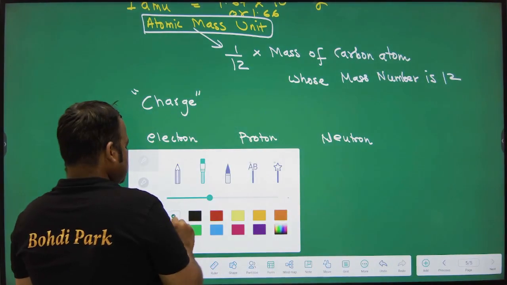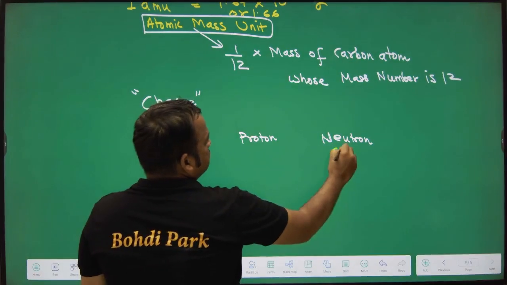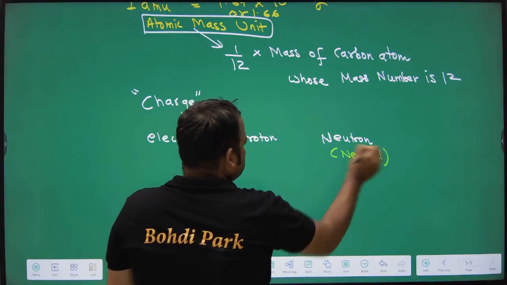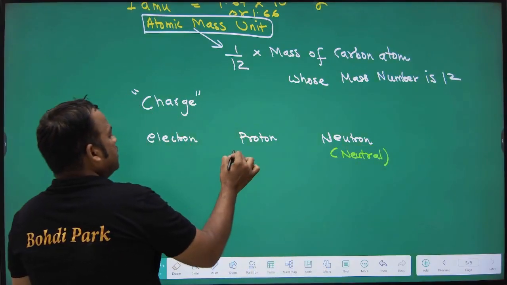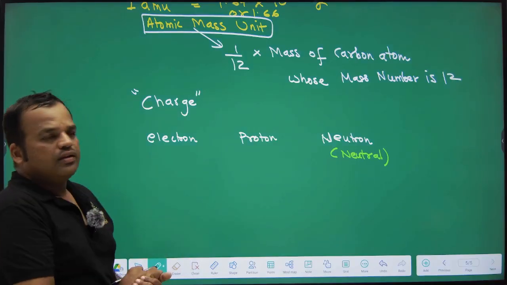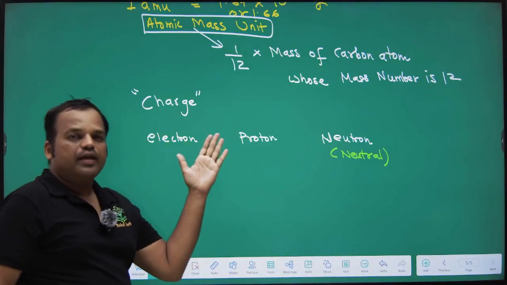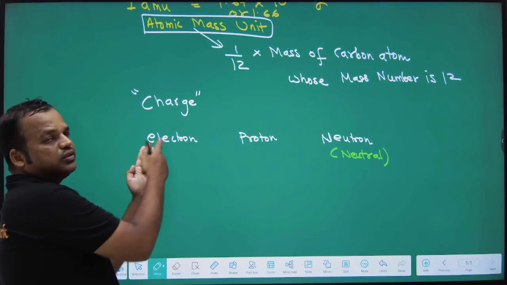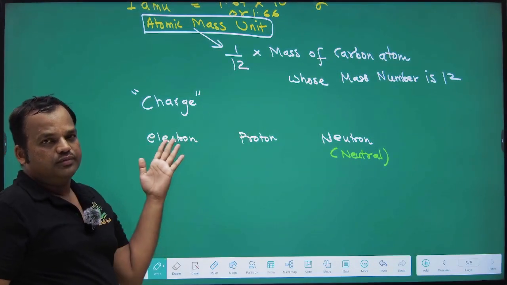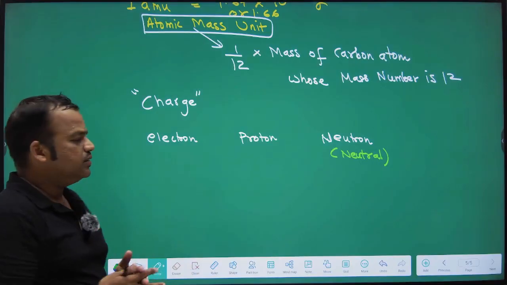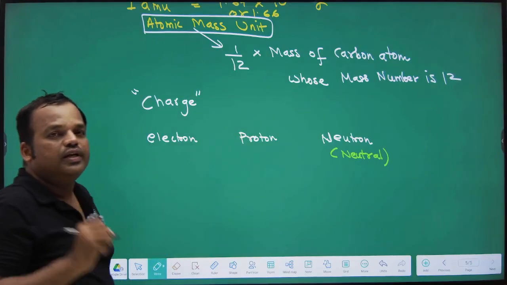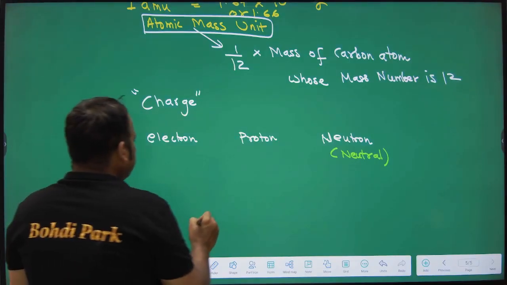So neutron is neutral. Something which doesn't have charge is known as neutral. But electron and proton have charge. The nature of charge on electron and proton are opposite. Nature means the nature of field.